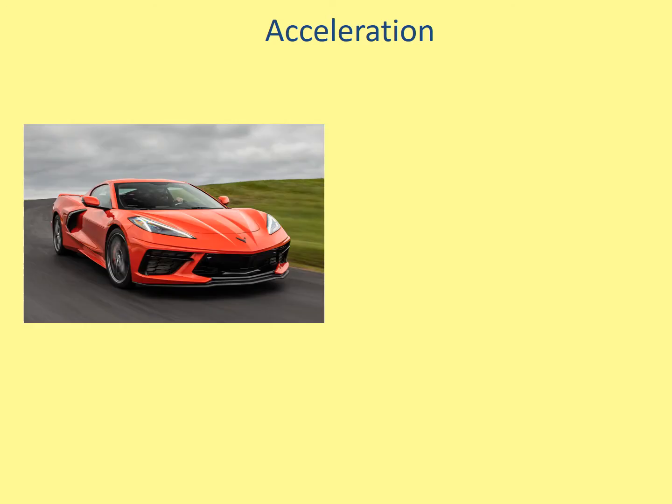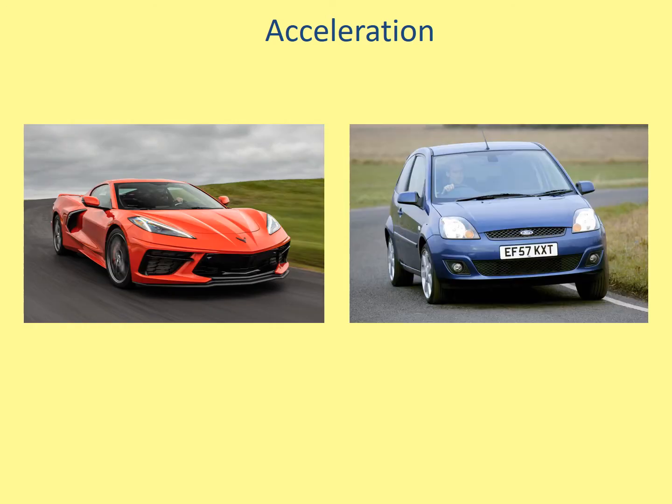Okay, acceleration is a way to describe how quickly an object can increase their speed. Let's have a couple of examples. So these two cars will be able to increase their speed at different rates. That means that they will be able to do it over a different amount of time.